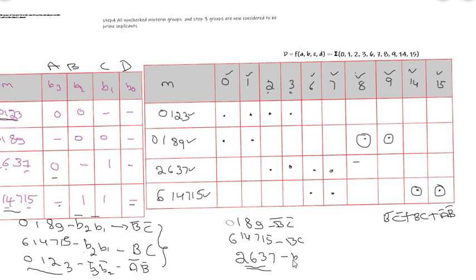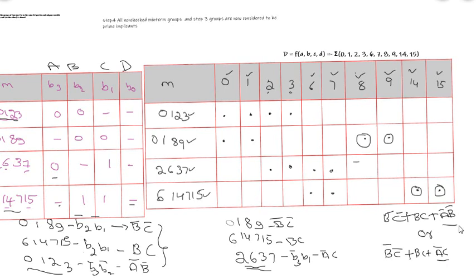So 0 is B3, making B3 bar, and 1 is B1. So B3 bar B1, which we can also represent as A bar C. So one more equation is possible: B bar C bar remains the same, plus BC remains the same, plus instead of A bar B bar we write A bar C.